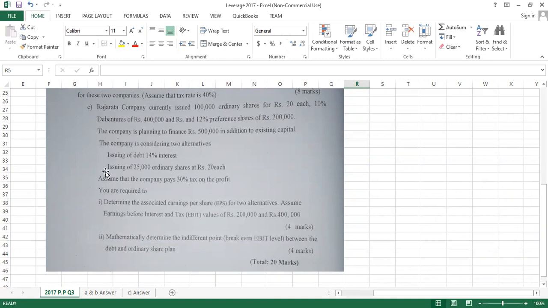But in the second alternative, the company is issuing 25,000 ordinary shares. So this is equity capital, and we consider this 25,000 for alternative 2. So alternative 1 number of common stock is 100,000. Likewise, alternative 2 number of common stock is 100,000 plus 25,000.